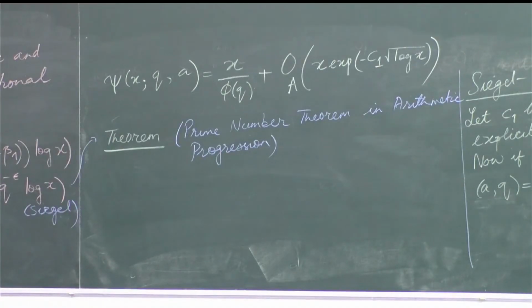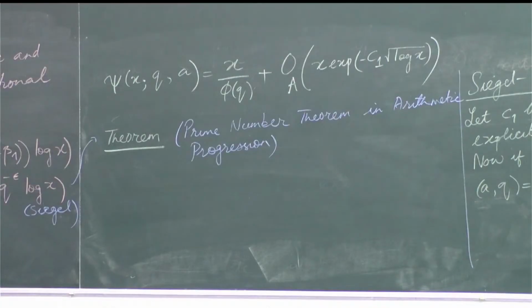Everybody means everybody on the streets has heard of the prime number theorem, right? Do you know anyone who doesn't know the prime number theorem? There is no such person. Everyone knows the prime number theorem. But not everyone knows the prime number theorem in arithmetic progression. For that, you're special people who have seen the proof and you know it.